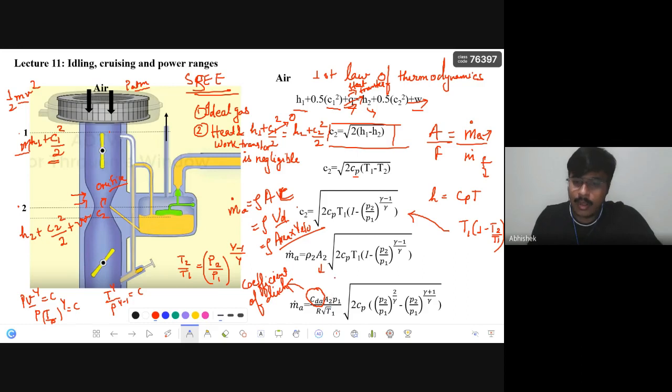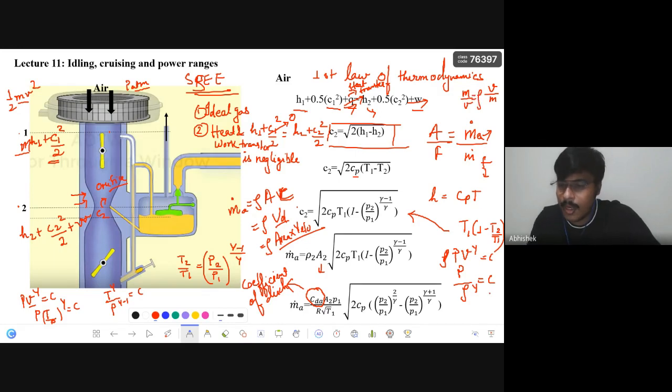How did this one come? In place of rho, just listen very carefully. We know PV to the power gamma is equal to constant. In place of V, can I write P by rho to the power gamma is equal to constant? This is, let us say, specific volume. Specific volume is V by M. What is M by V? Just the reciprocal of it. What is it? Density.